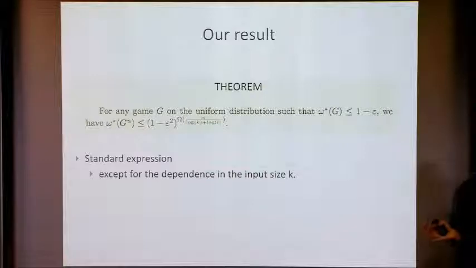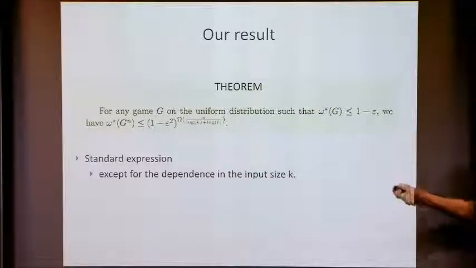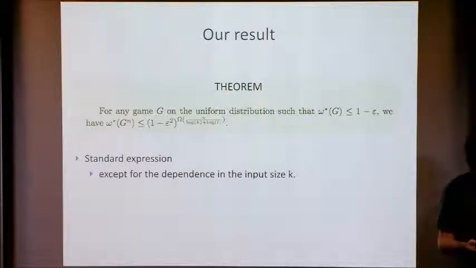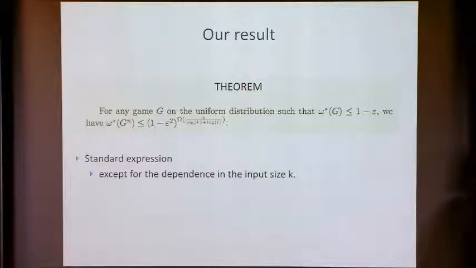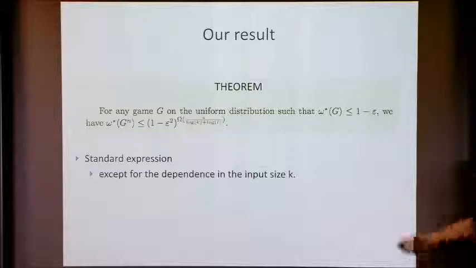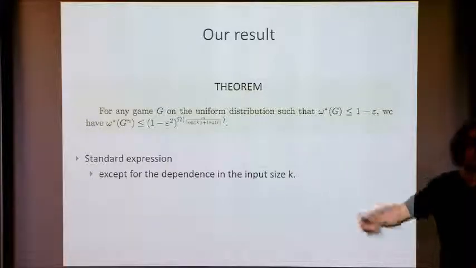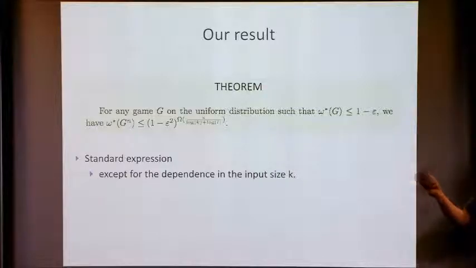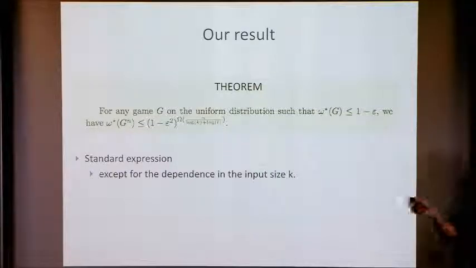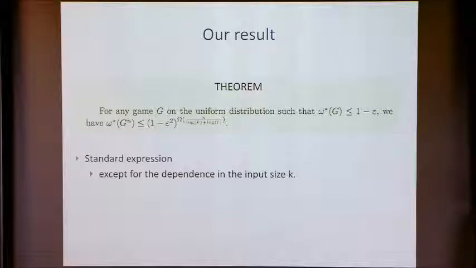I mean, you can play with this thing. So if you're only interested in something which is exponentially small, then these kind of theorems go to general distributions. But here, instead of log k, you would have k, and you have some other weird parameters that depend on this distribution, which can make it grow very large.